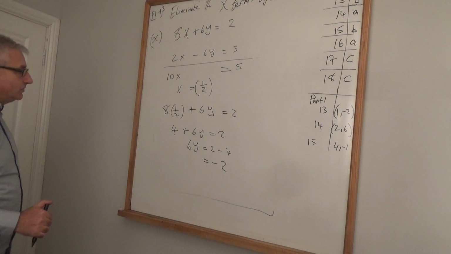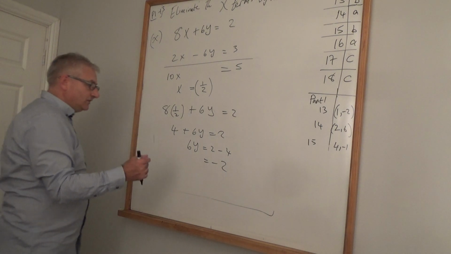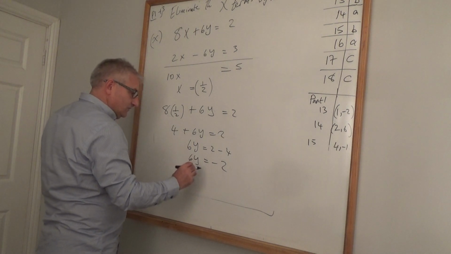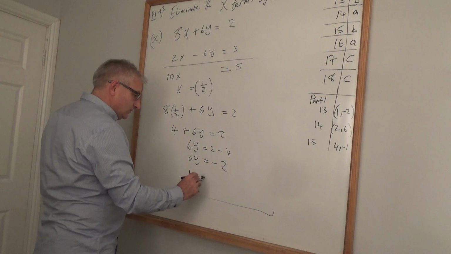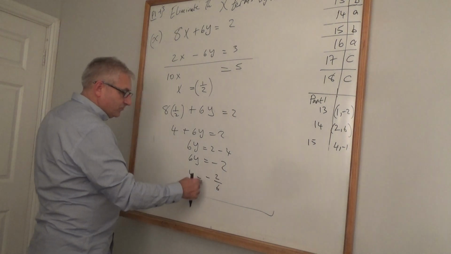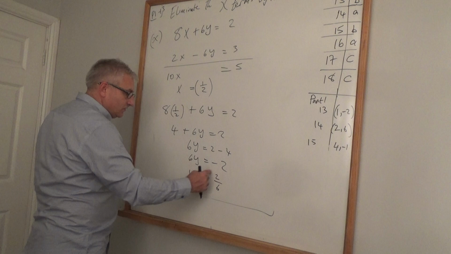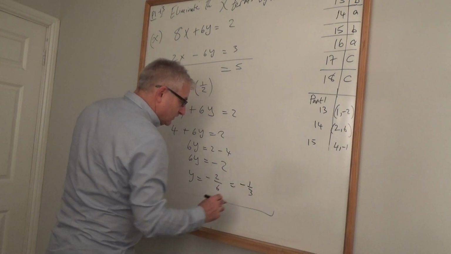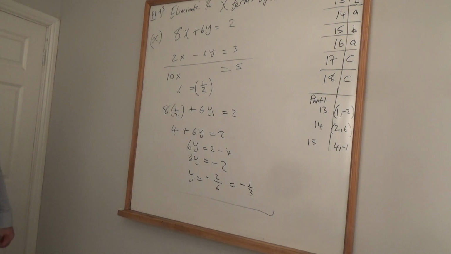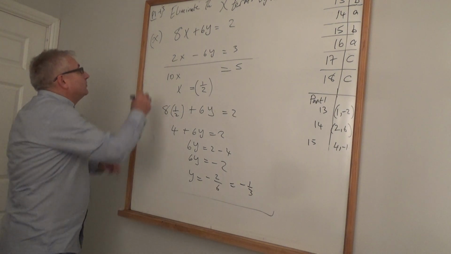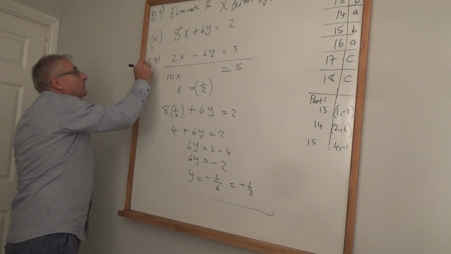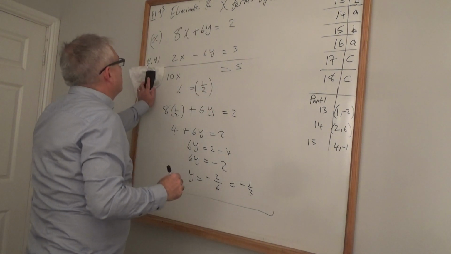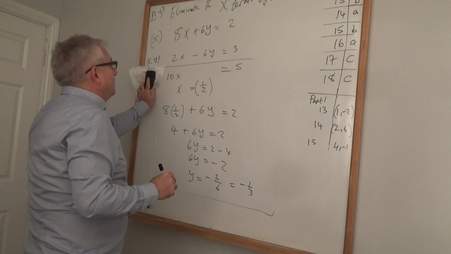8 halves is 4. Looks like we're on a crazy fraction thing here. Okay, we're getting 6y equals negative 2. y equals negative 2 over 6. Notice I've dragged the minus off the numerator. Okay, which is equal to negative a third. Well, if we have any doubts or anything, we have the fact that we're going to verify now up here with xy, which is a half and negative a third.